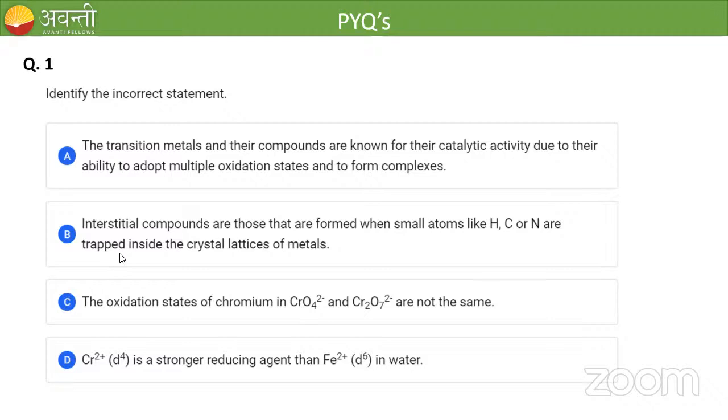Read out all the options. Option A says that the transition metals and their compounds are known for their catalytic activity due to their ability to adopt multiple oxidation states and to form complexes.